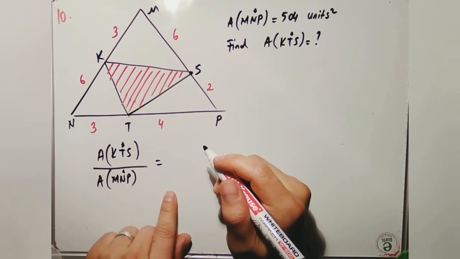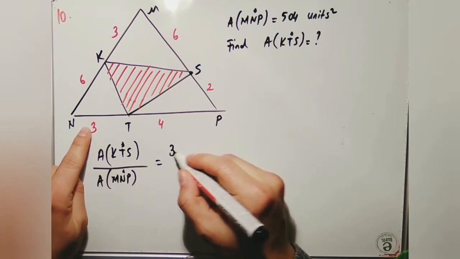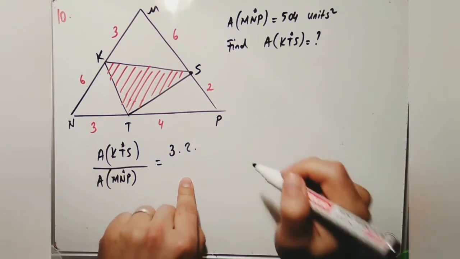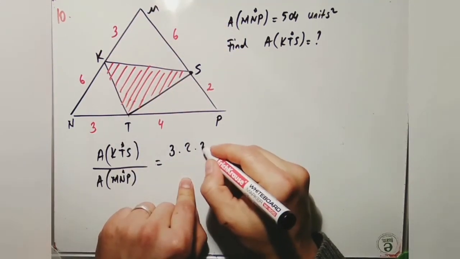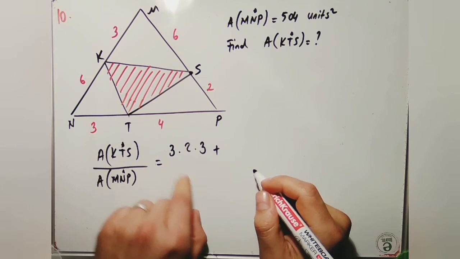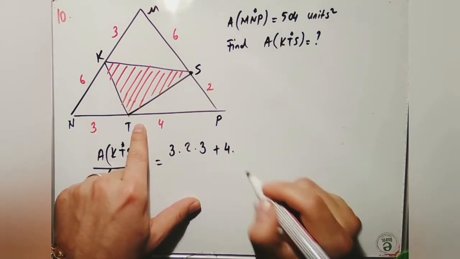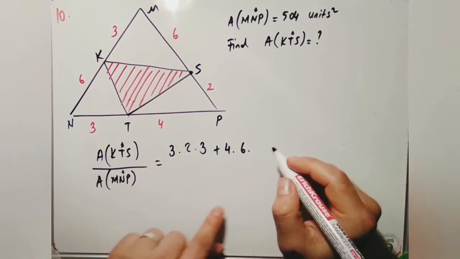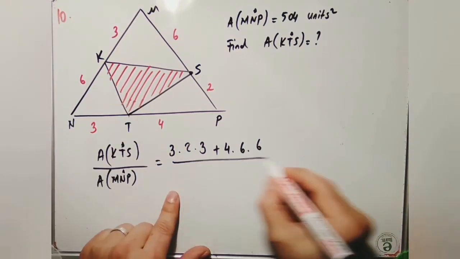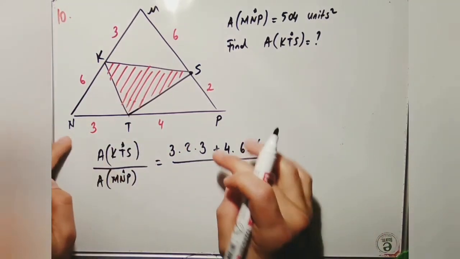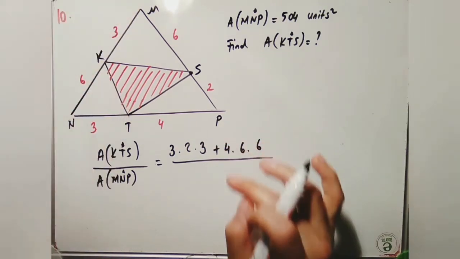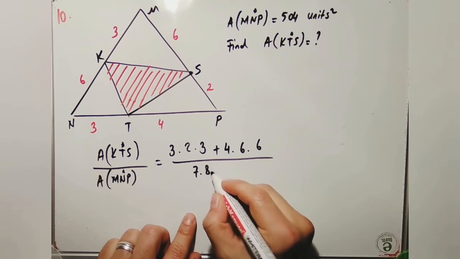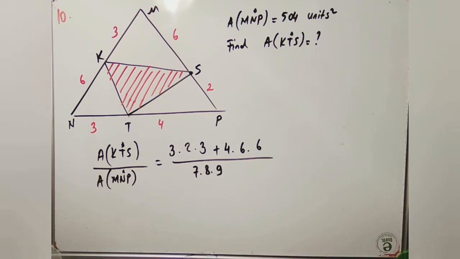Let me write first NT times PS times MK plus TP times MS times KN over the length of NP, PM, and MN, which is going to be 7 times 8 times 9.